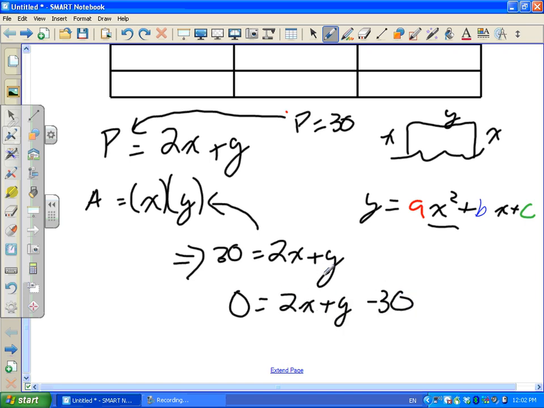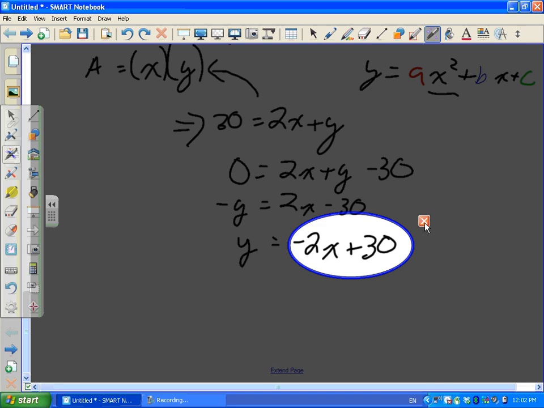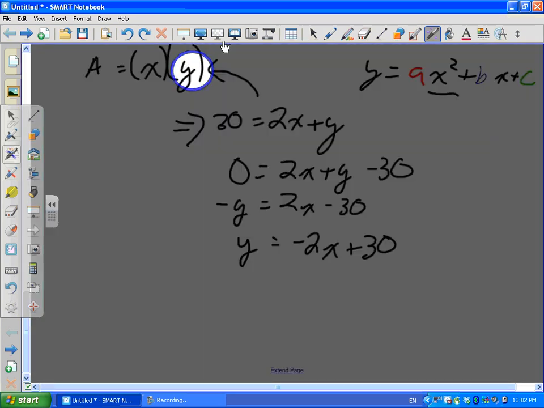I'm going to bring the y over, which will give me negative y equals 2x minus 30. And I need a positive, if you guys notice. It says positive y. So I'm going to have y is equal to negative 2x plus 30.